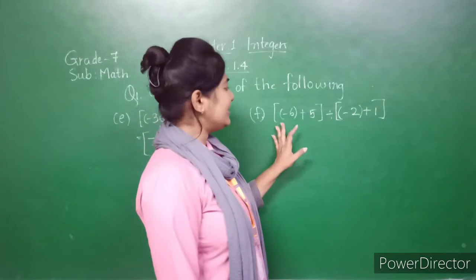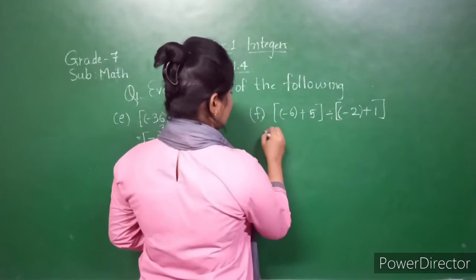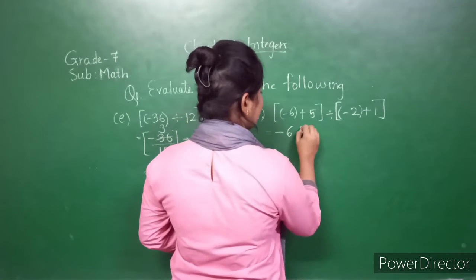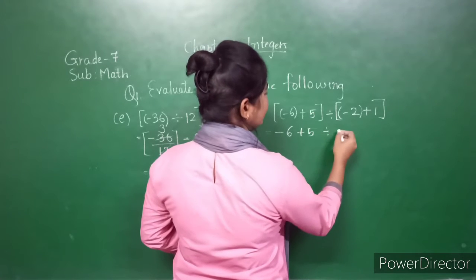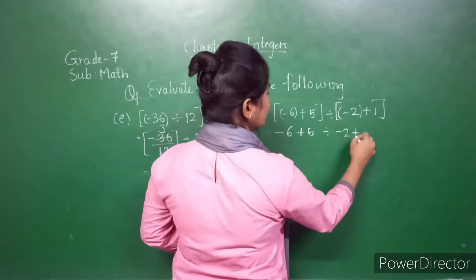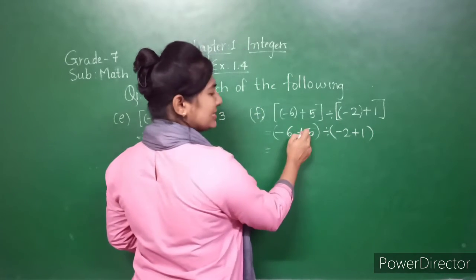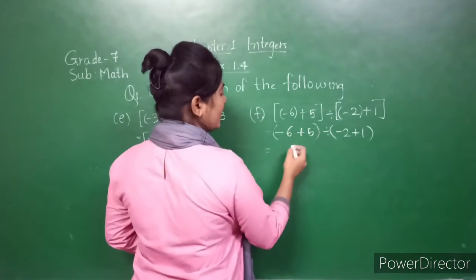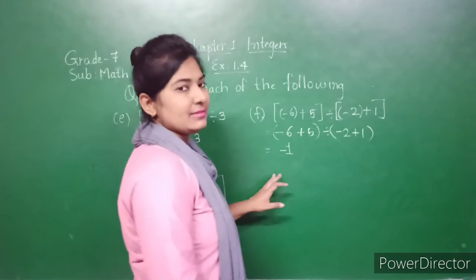Then next, minus 6 plus 5 divided by minus 2 plus 1. So here minus 6 plus 5 divided by minus 2 plus 1. So minus plus it is minus. So 6 minus 5 it is 1, and we have to put the sign of the greater number. So it is minus 1.